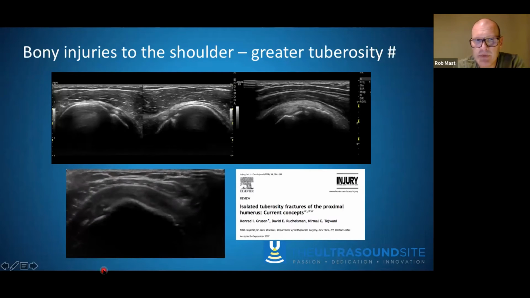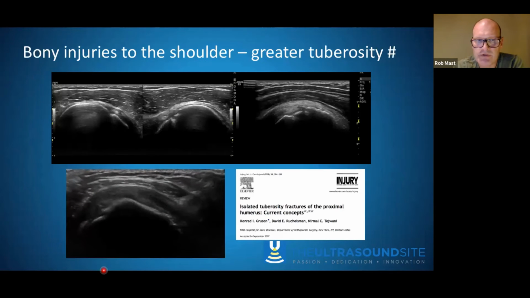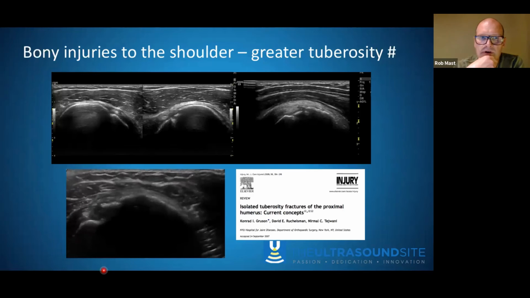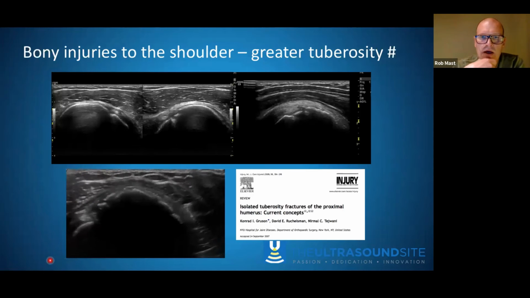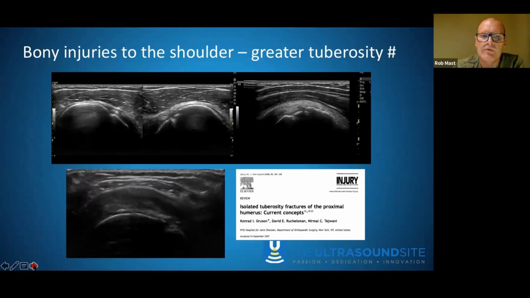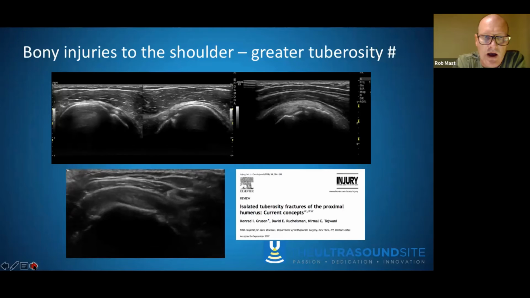And that again is typical of an avulsion fracture, where a piece of bone has slightly moved forward and sits a bit proud of the rest.